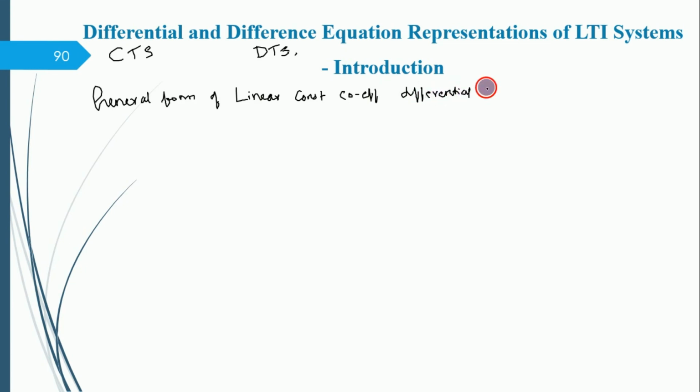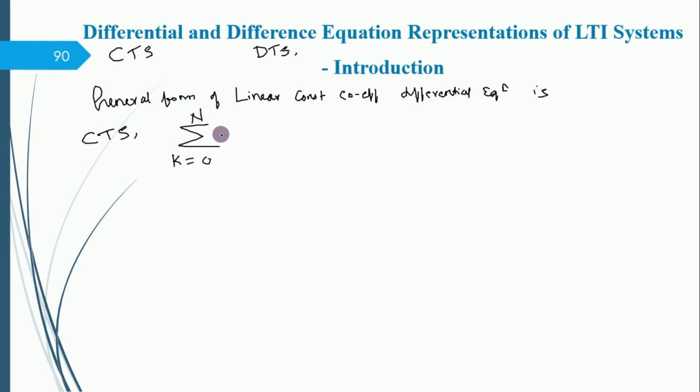You might have learned this in your mathematics, but don't worry, this is a very easy topic. When I say differential equation, it is a continuous time system. The general form is a summation. This equation looks so big, don't worry, when I solve some numericals, it will be easy.